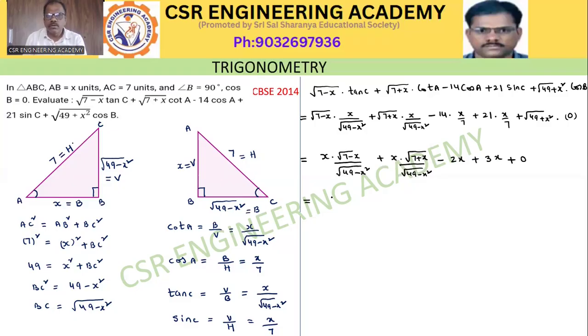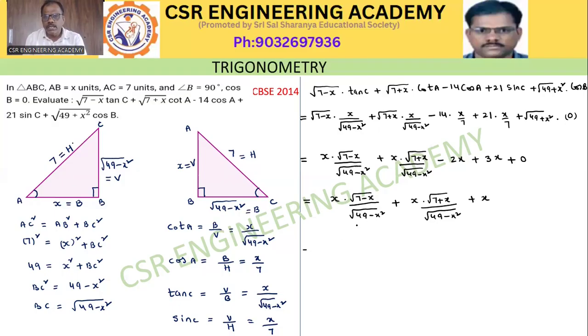So it is equal to x into root of (7 minus x) by root of 49 minus x square, plus x into root of (7 plus x) divided by root of 49 minus x square, plus 3x minus 2x is equal to x.